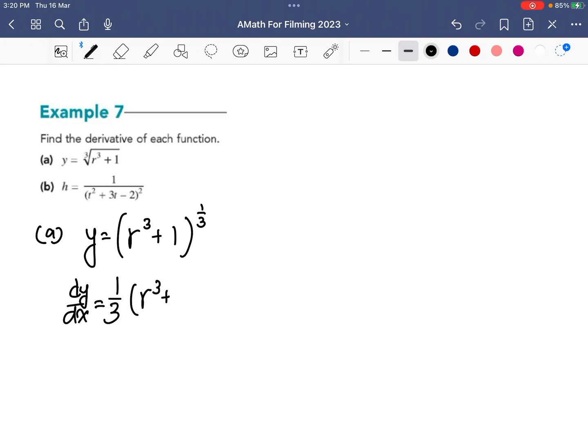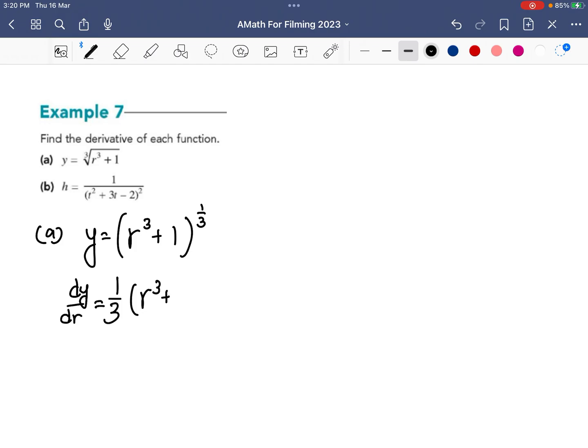Oh, I made an error here. Where is my error? Notice that the term inside here is r. Here it's r. So I should not be differentiating y with respect to x because there's no x inside here. What I should be doing is to differentiate y with respect to r, like this. So take note of the notation there.